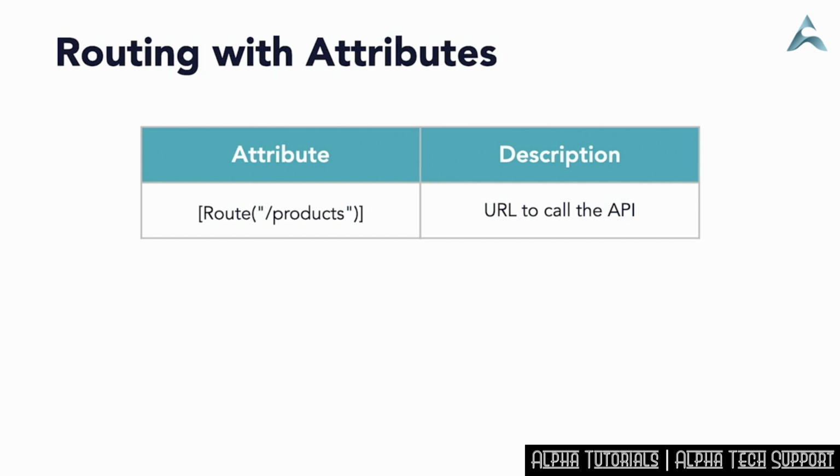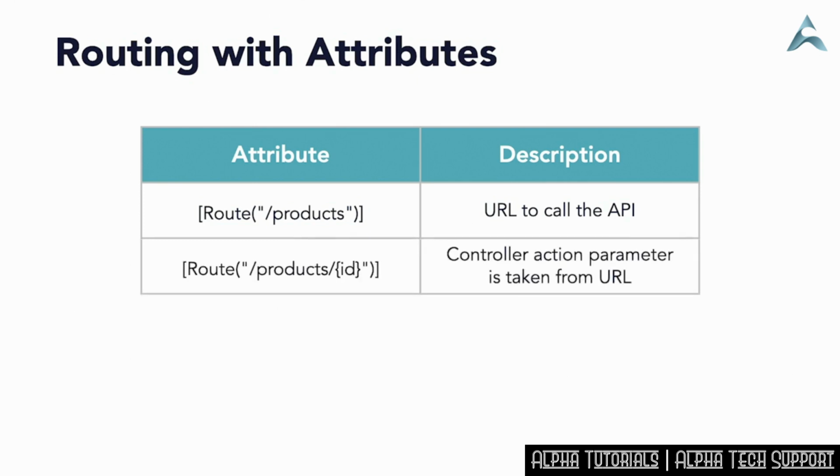If we would like to have parameters as part of the URL, and there'll be more on that later, we could use this syntax. So use Route("/products/{id}"), with ID in curly braces. And this marks ID as the placeholder name for what follows in that part of the URL. So /products/42 means that ID has the value of 42. And that ID is then a parameter for the action method.